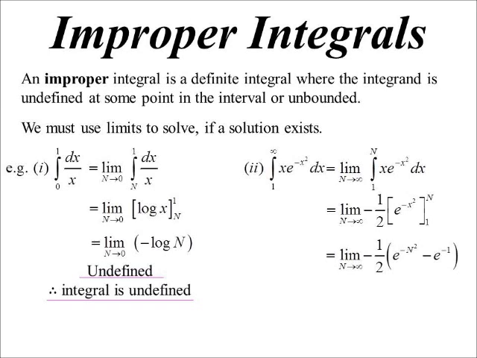Now if you think of your curve e to the minus n squared, so e to the minus positive constant, it's just going to be our exponential curve, which is backwards, reflected in the y-axis. So as we're approaching infinity, that curve is approaching 0. So that would just then be 1 on 2e, because the e to the minus n squared would approach 0.